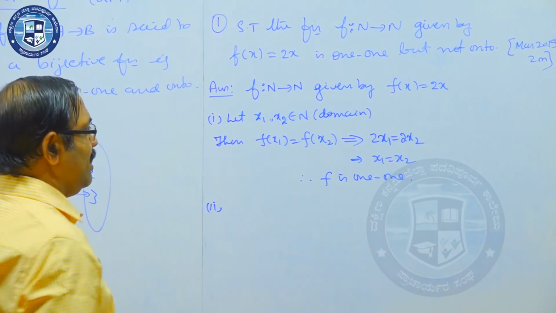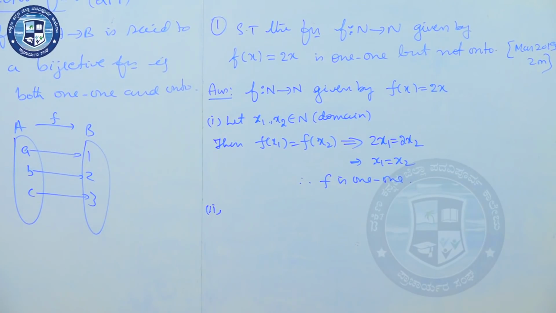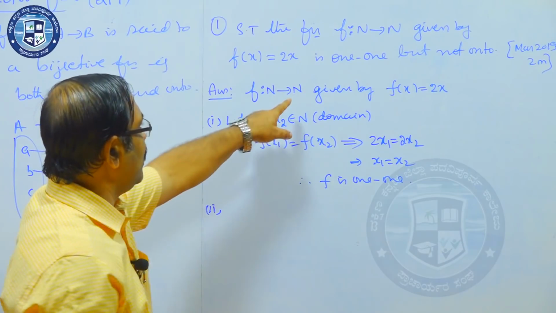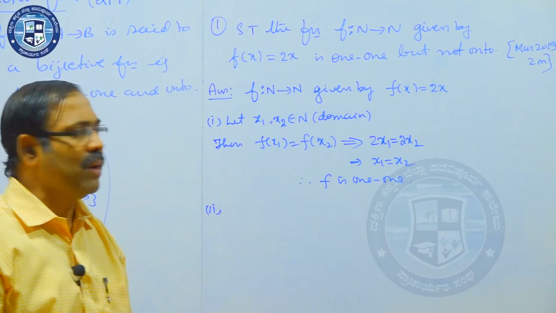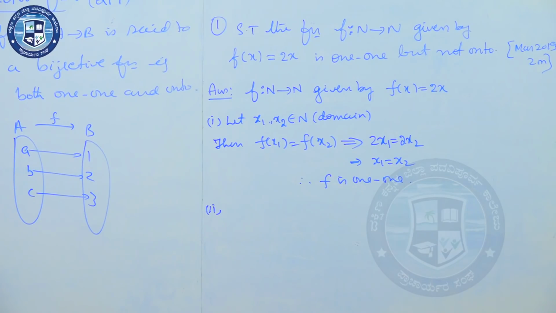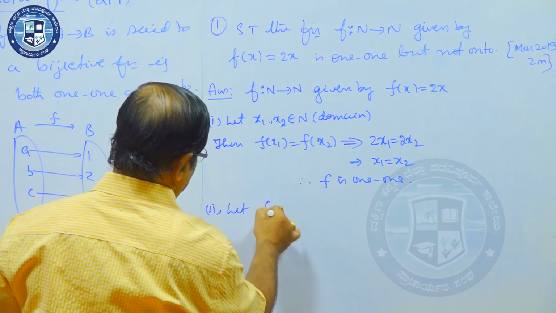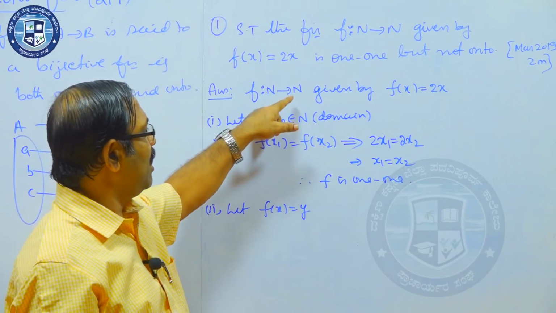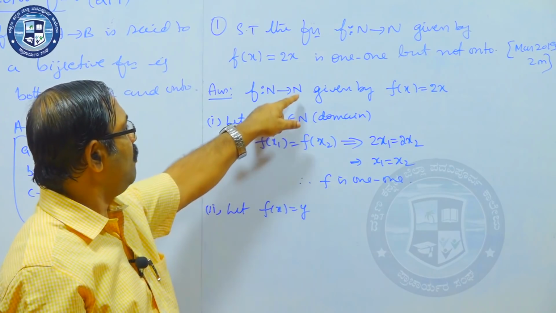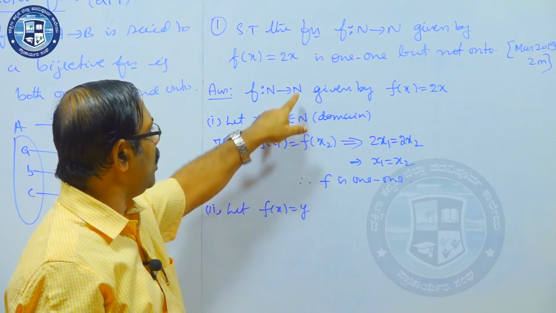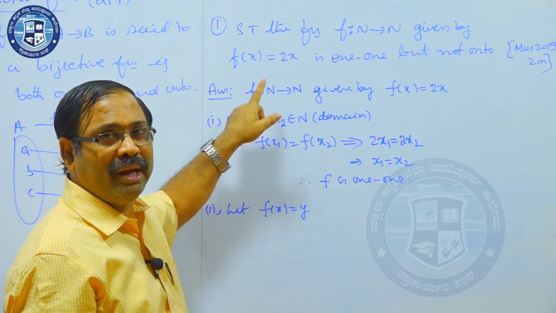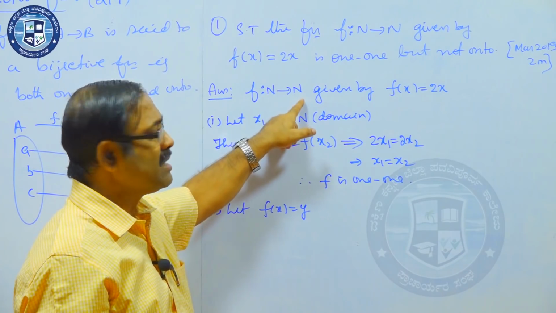Then you go to the onto definition. We have defined, in the case of onto, that for each y belonging to N, the codomain, there exists an element x belonging to the domain such that f of x is equal to y.